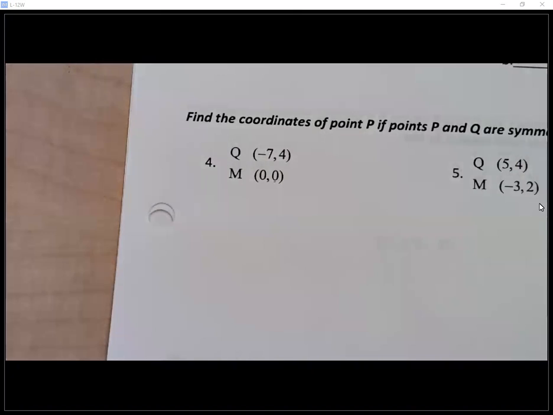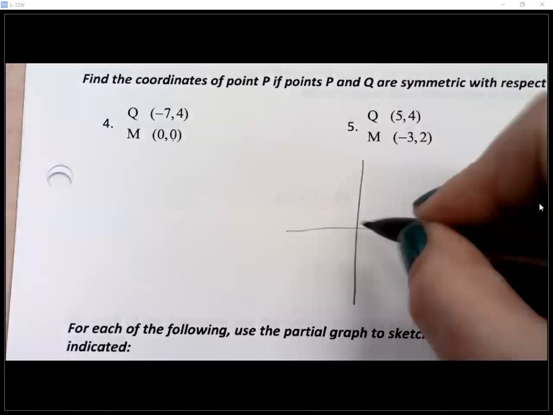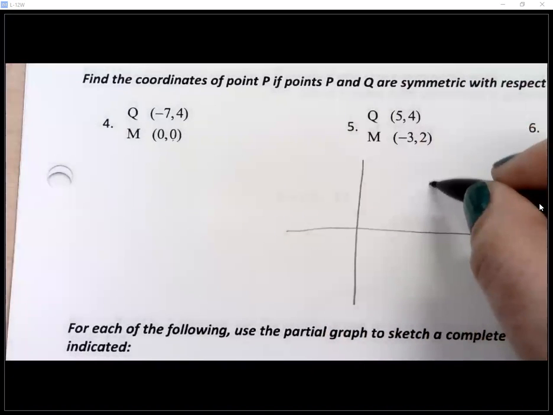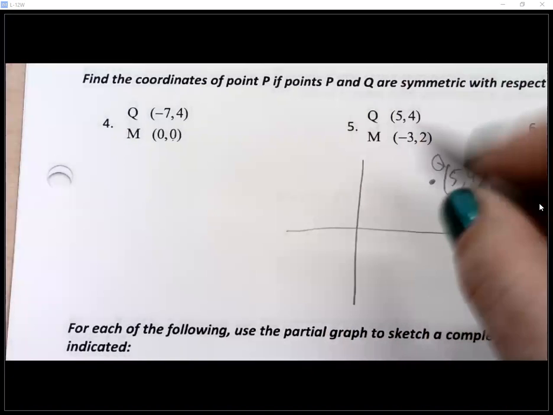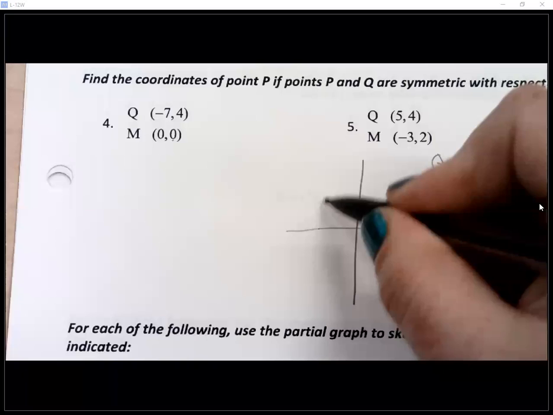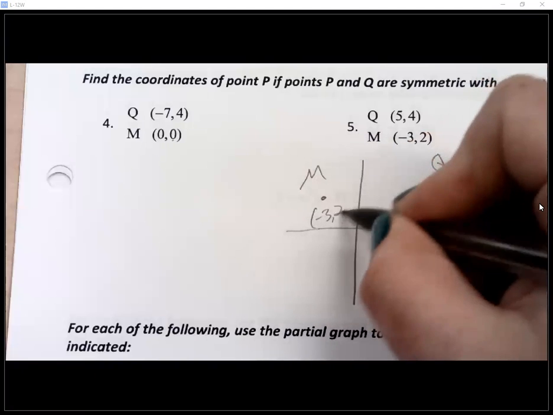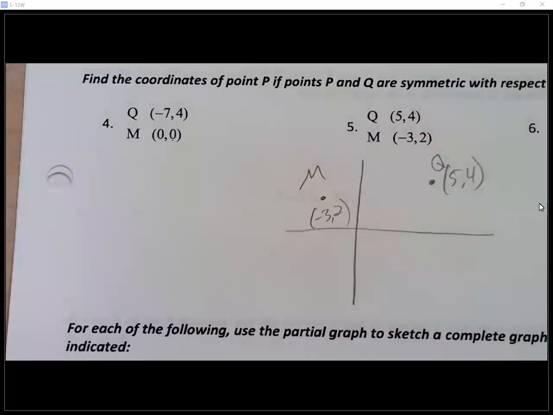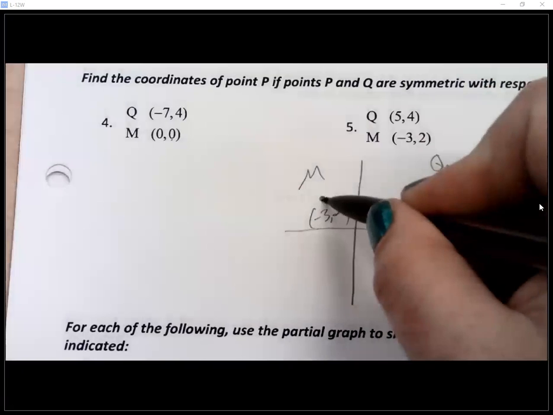Let's check out 5. I'm just going to graph it. If I had 5, 4, that's where point Q is. Now you're going to reflect it over the point M, which is at -3, 2. So here's M at -3, 2. If I'm going to fold my paper over and spin it, you almost have to pretend that M is the origin.